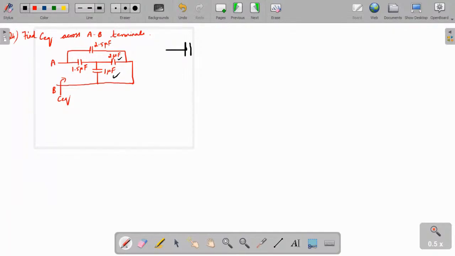So how will the equivalent circuit change now? This is 1.5 microfarad. Since they are connected in parallel, just add them. So it is 3 microfarad.